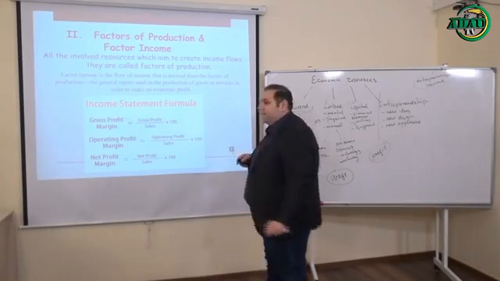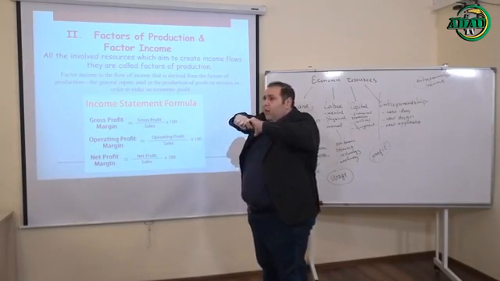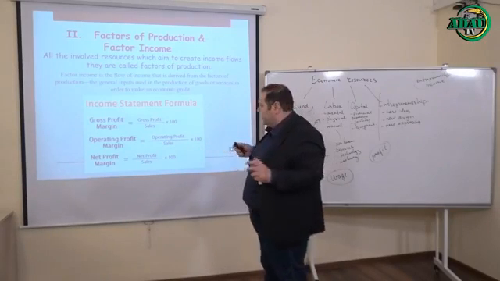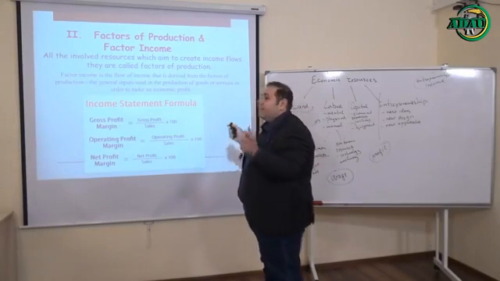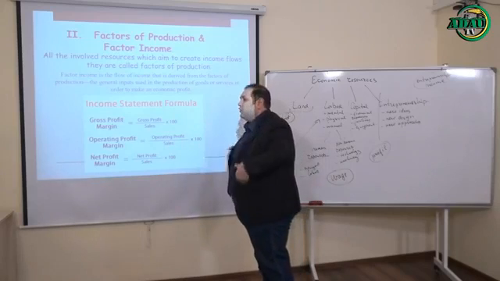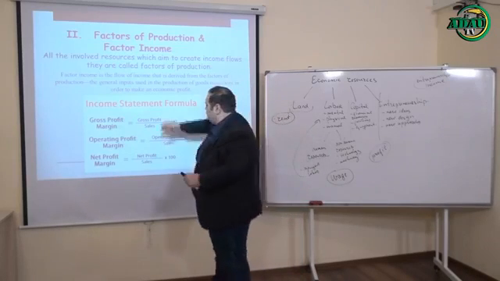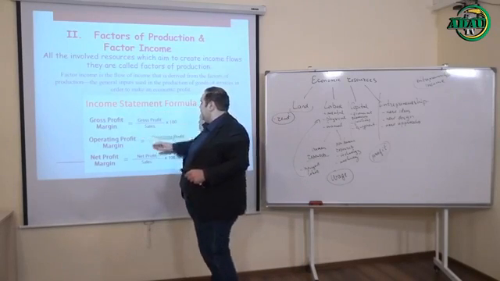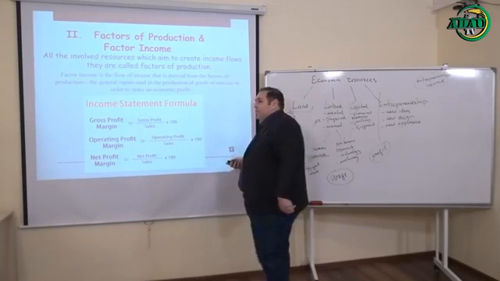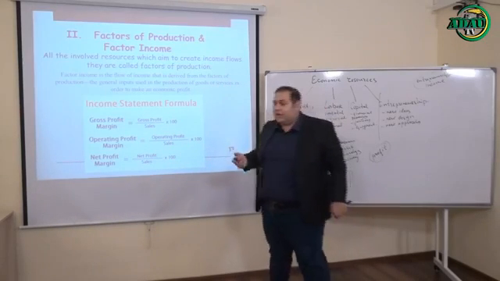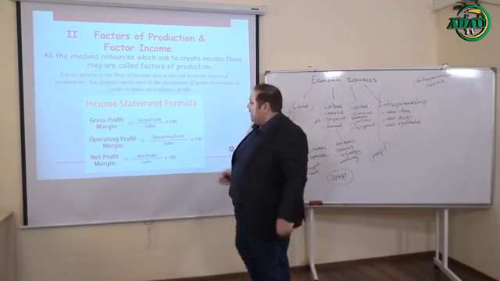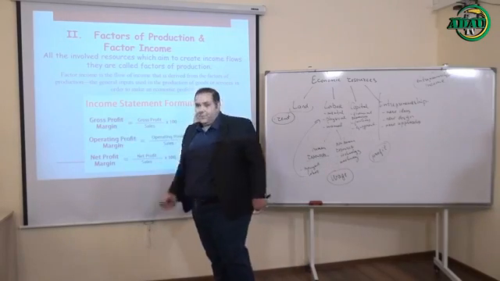The sales means the value of sales, how much you sell and get the income. You divide gross profit by the sales, multiply by 100%, and then you get the rate of your gross profit margin.